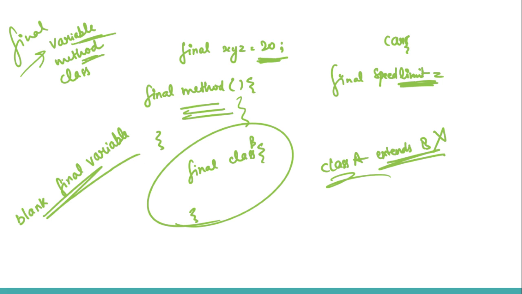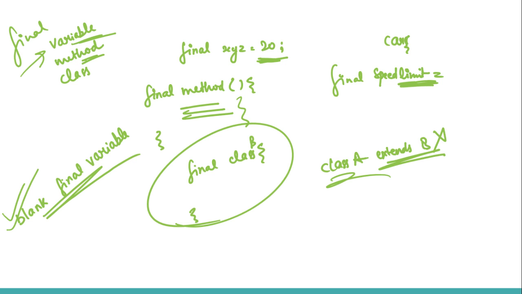The use of this blank final variable is to make sure that whenever an object is created and the constructor is called, that constructor should be focusing on the initialization of the variable. Based on the object called and the constructor you are using to create the object, that should decide which value to be given to the final variable.